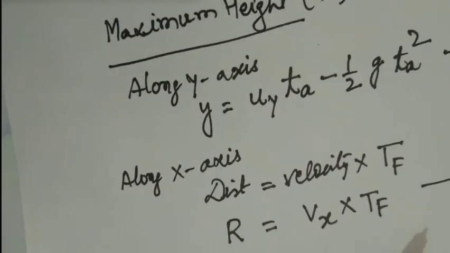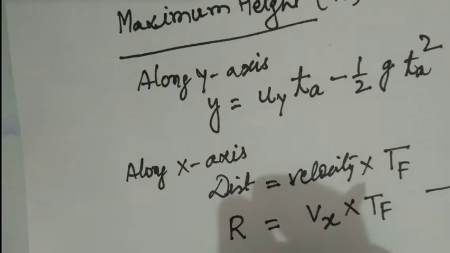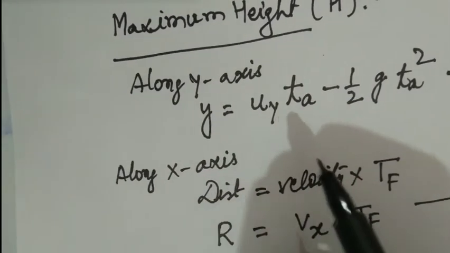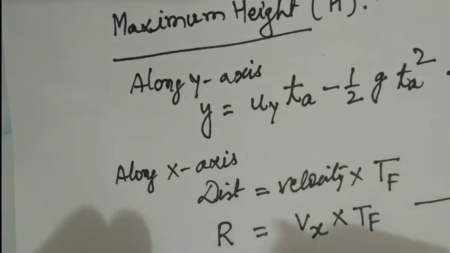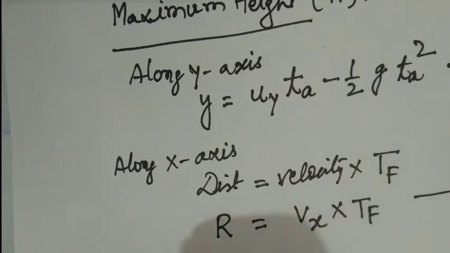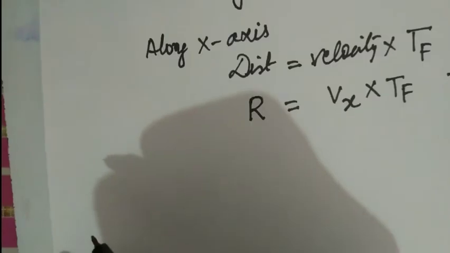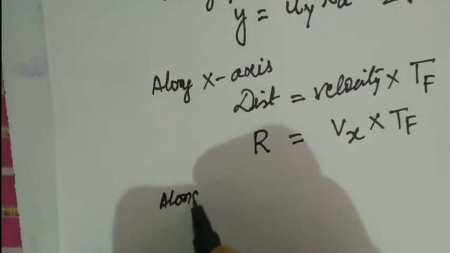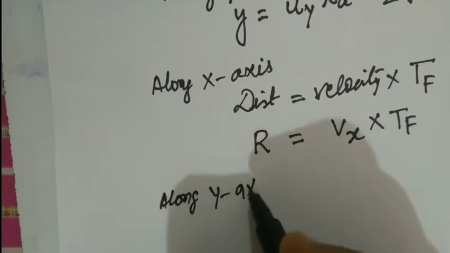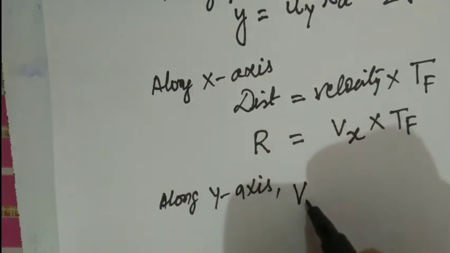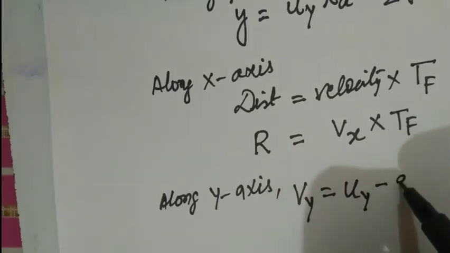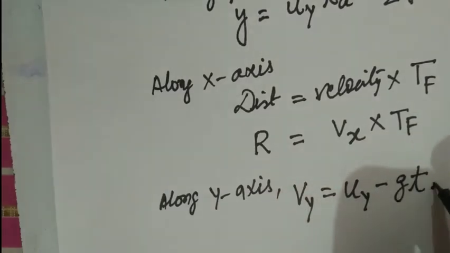First of all, we are unable to put the value of the time of ascent because it is difficult from this time of flight. So again we have to use the formula along the y-axis. Which formula? Vy is equal to uy minus g into ta.